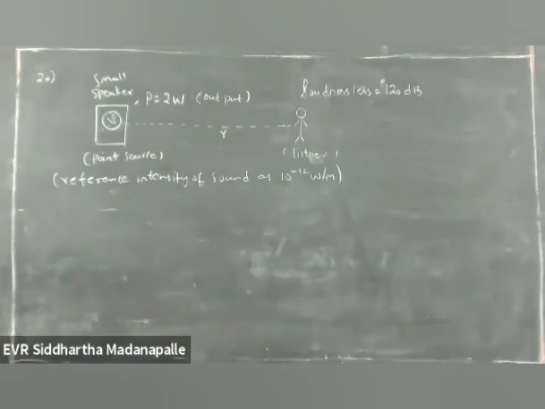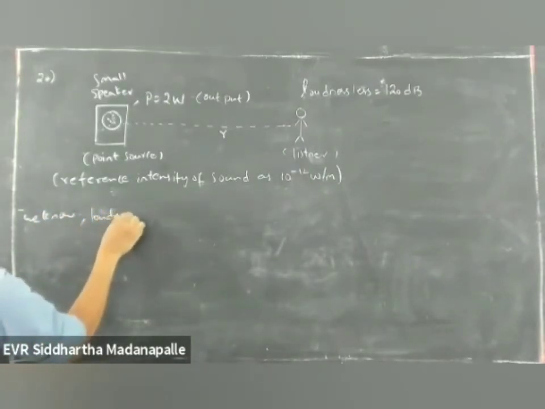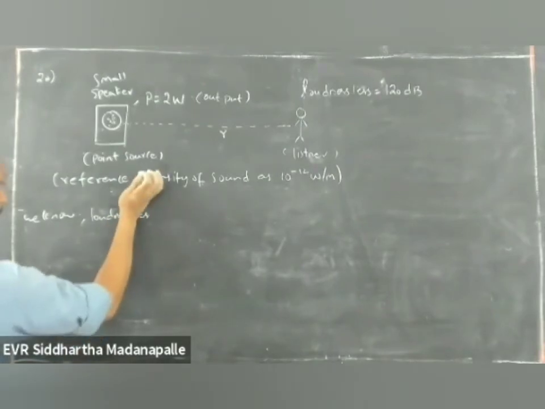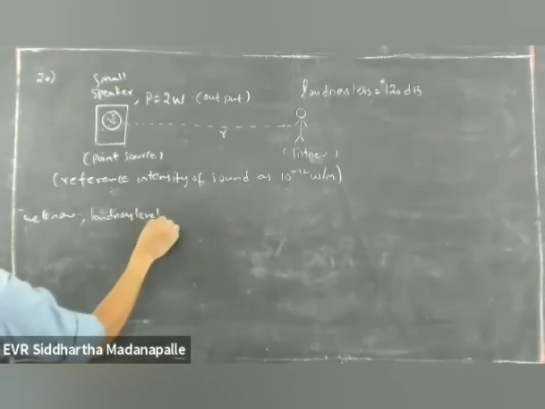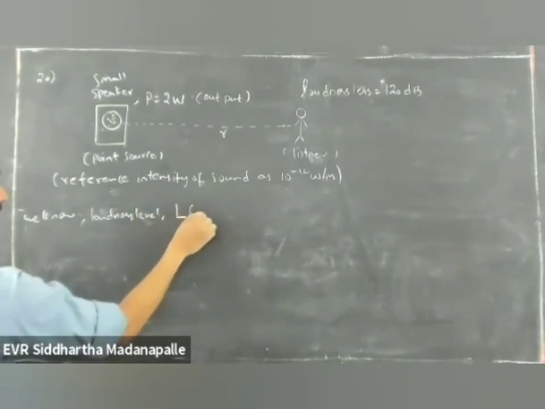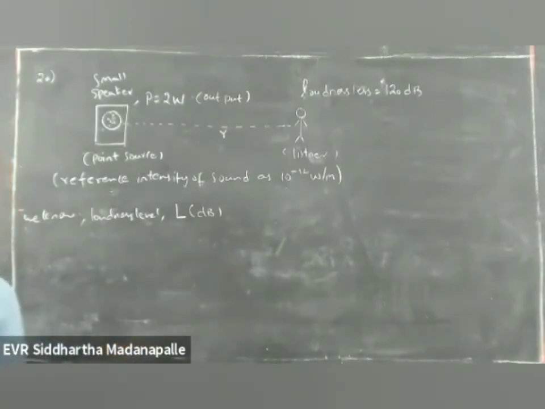Now a problem, how? Loudness గురించి ఏమైనా ఐడియా ఉందా? సరే నేను చెప్తాను చూడండి. So we know here loudness level formula. Loudness level formula వచ్చేసి L in decibel, అంటే loudness వచ్చేసి decibel లో క్యాలిక్యులేషన్ చేయాలి.